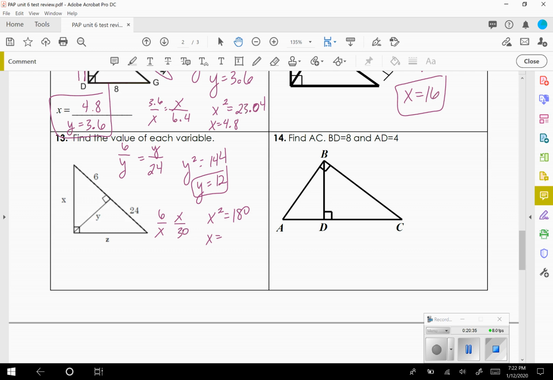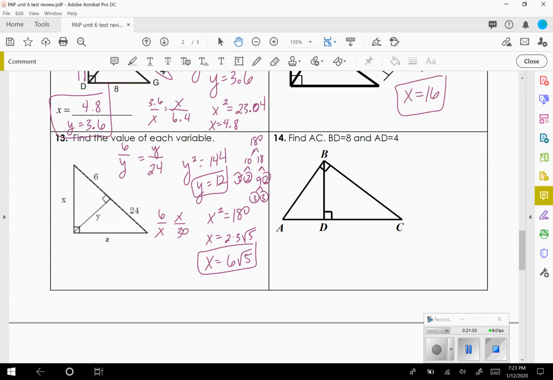So 180 breaks down to 18 and 10. 10 is 5 and 2. 18 is 9 and 2. 9 is 3 and 3. Okay, so it looks like we have a pair of 2's and a pair of 3's. So we have 2 times 3, and then the 5 stays inside. So it's 6 square roots of 5 for x.